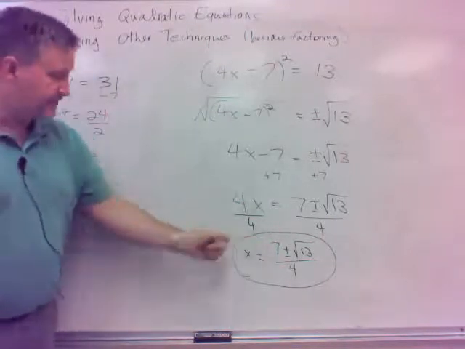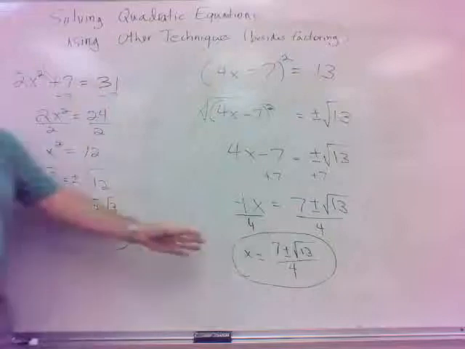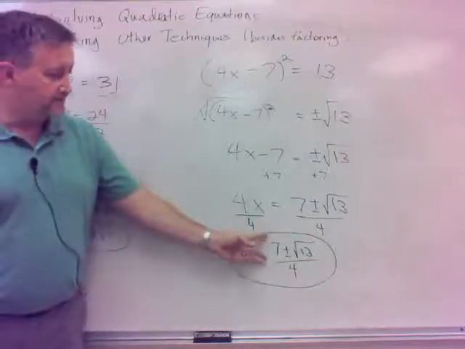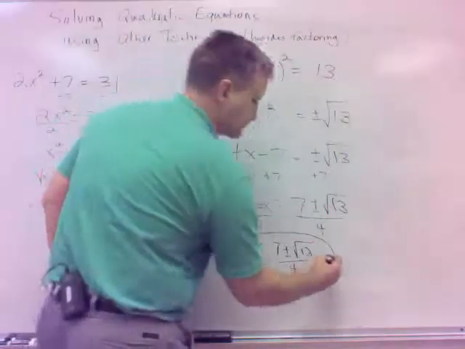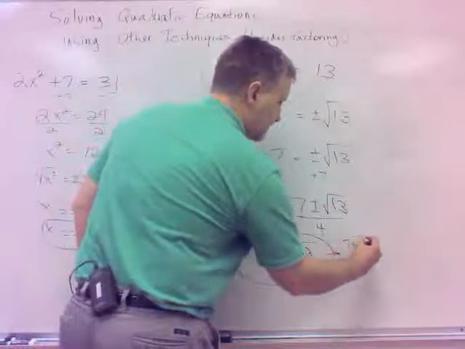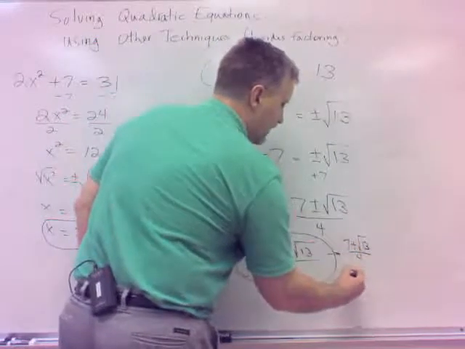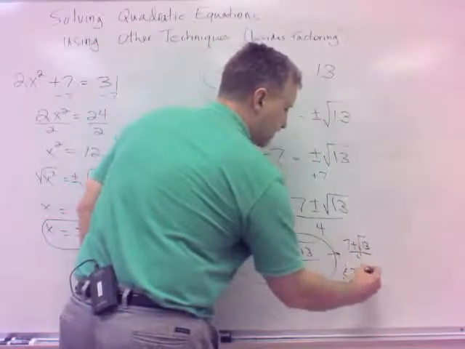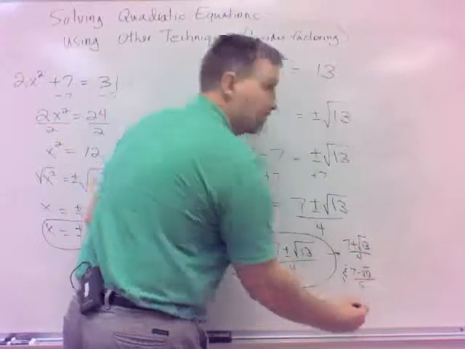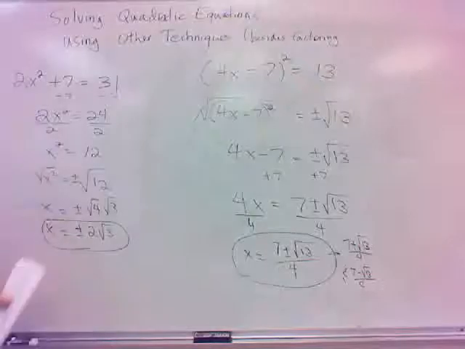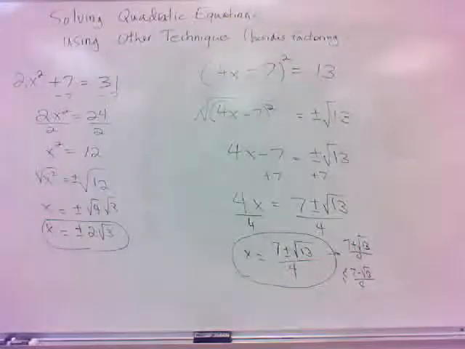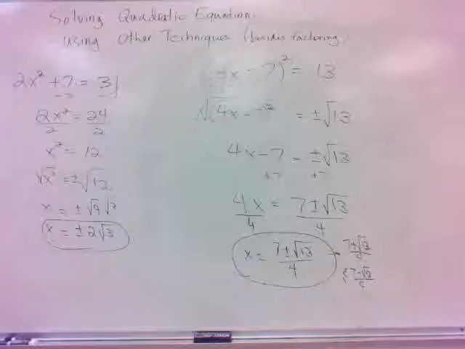Now this one looks a little different than these. It's got a lot more stuff on it, but there are two answers there. It's 7 plus the square root of 13 over 4 and 7 minus the square root of 13 over 4. That would be two different values. With me on that? Quadratic, there's two answers.